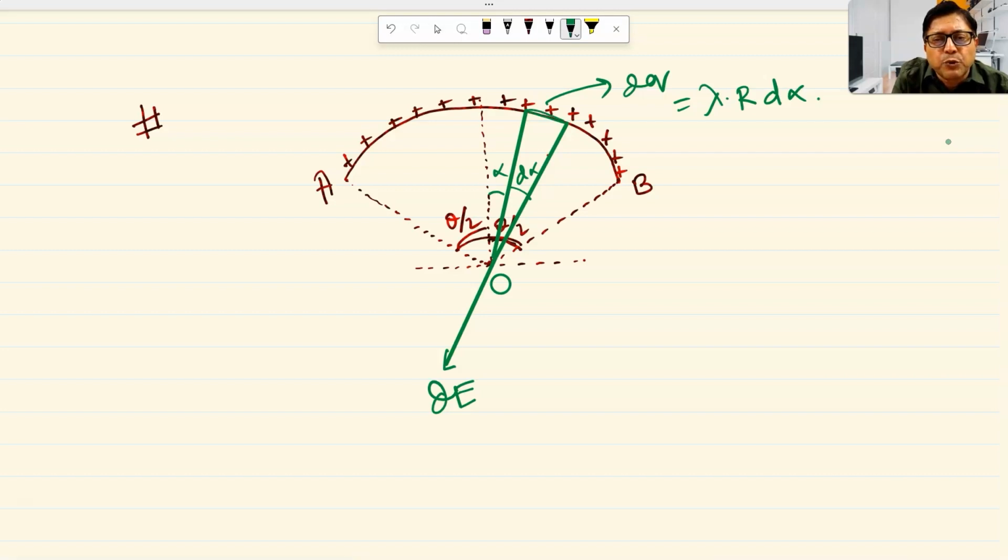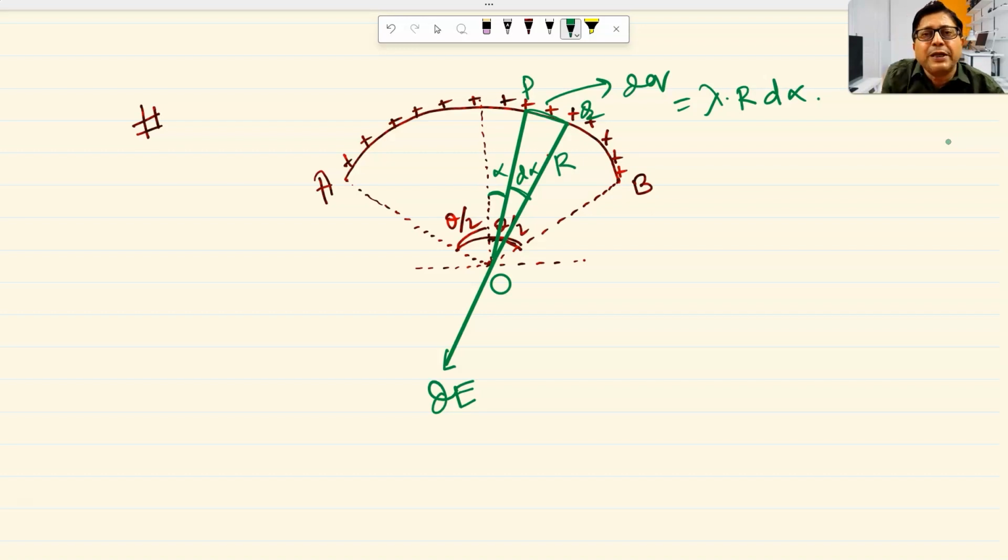This OP makes an angle alpha with the vertical one. This elemental portion makes an angle d alpha. Charge on this portion is dq equal to lambda into r into d alpha, because the length of this portion, if the radius is r, is r into d alpha, that I told you before also.